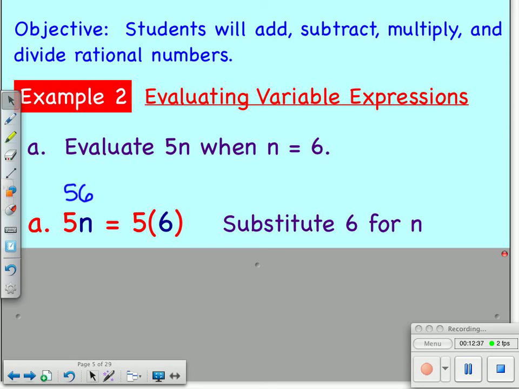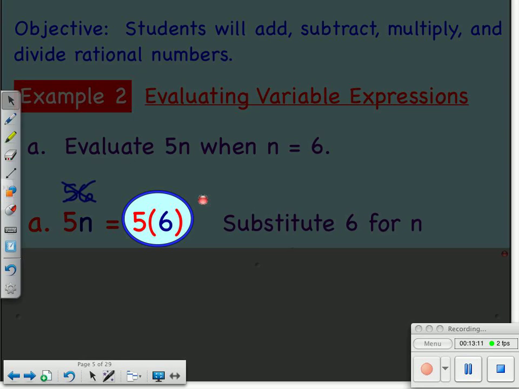But that's not what it means. We can't do that because we're changing the value then, and that's not what we're here to do. 5 times n, not 5n, 56. So we have to be very careful here, make sure we multiply. This is why you see here the 5 next to the 6 in parentheses. So, not like that, but like this.